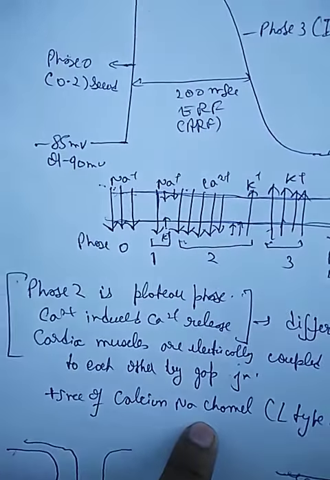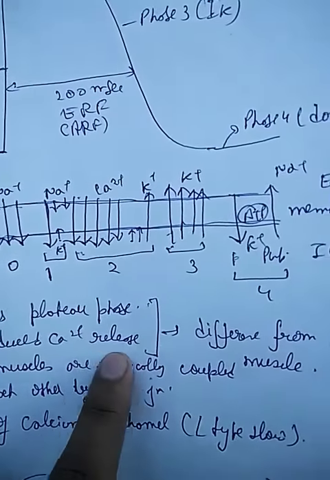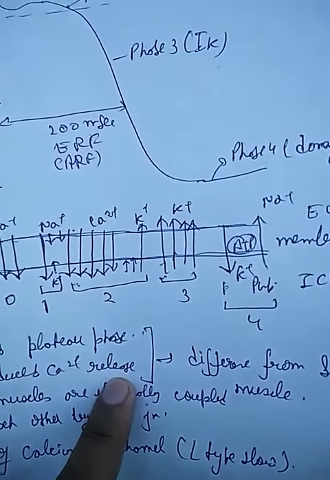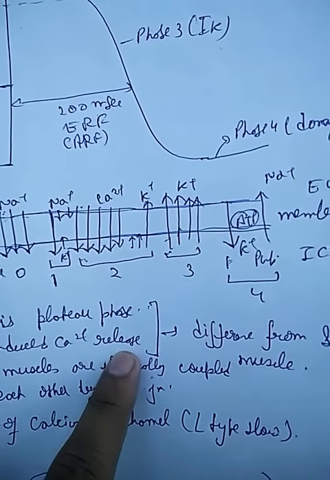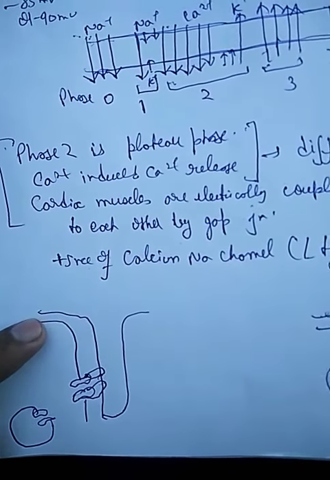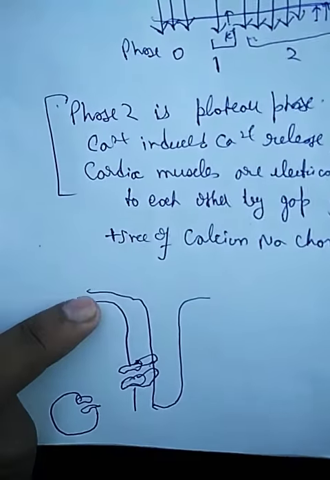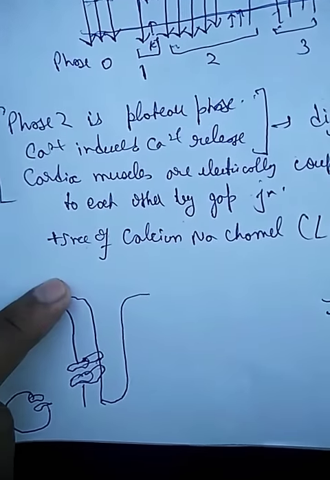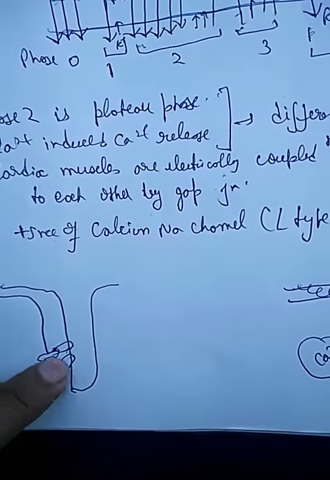So now I have written here calcium induced calcium release. What is this? It is also a unique feature in the cardiac muscle fiber action potential. See here, we can see this is a sarcolemma. This is a double membrane. So sarcolemma, what happened when the impulse comes here, and this is a T tubule.